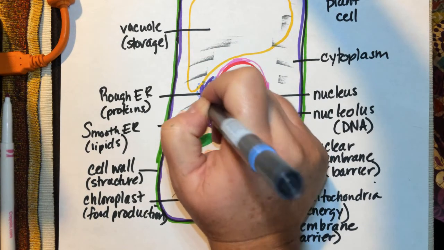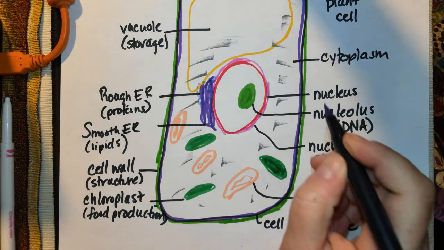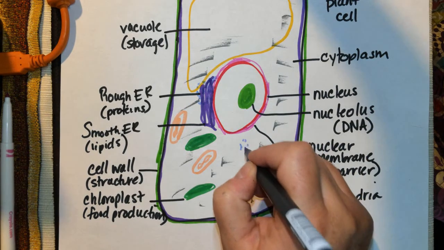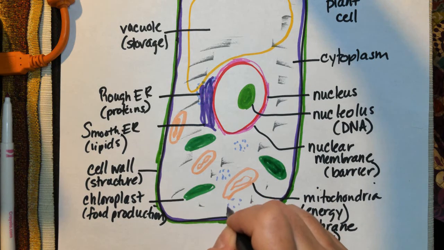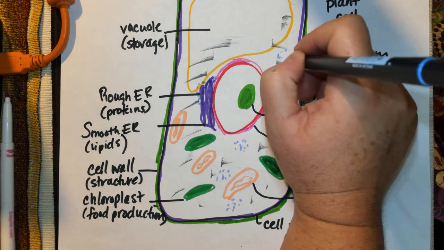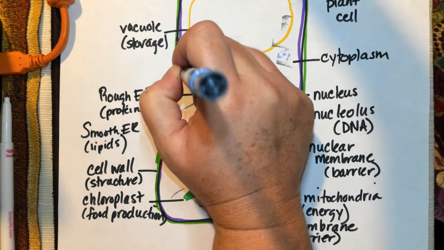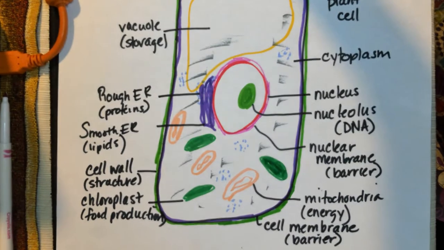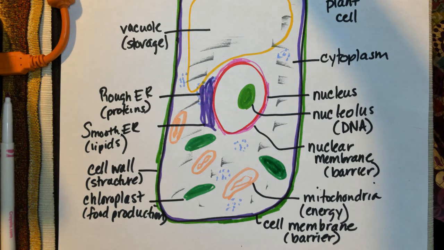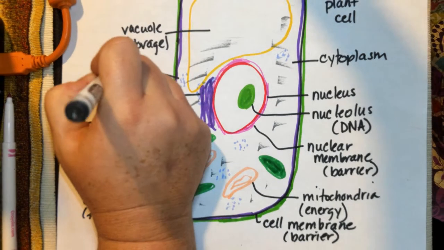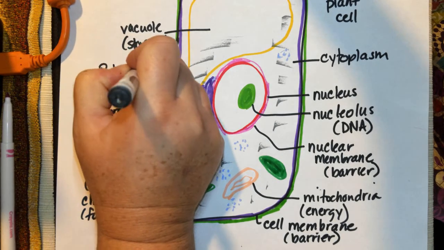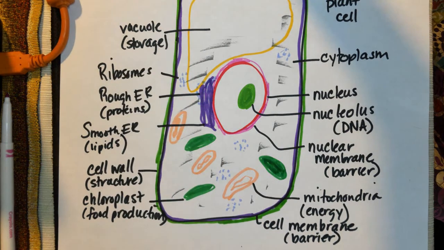Now, remember the difference between rough ER and smooth ER is the presence of those ribosomes. So I'm going to put ribosomes on our rough ER. I'm also going to put groups of ribosomes out in the cytoplasm. They are also responsible for protein synthesis.